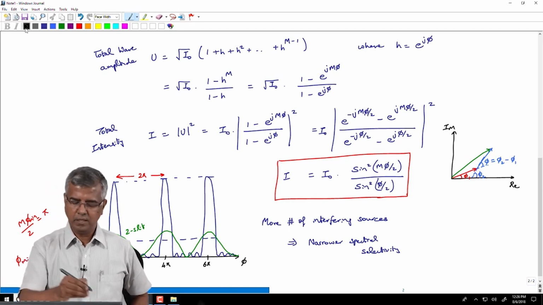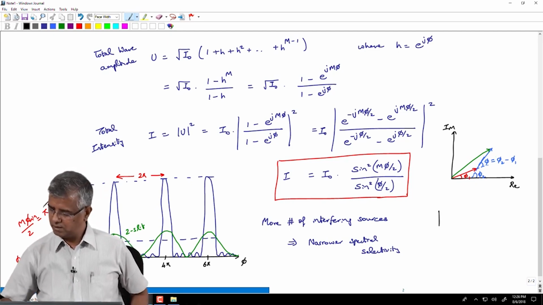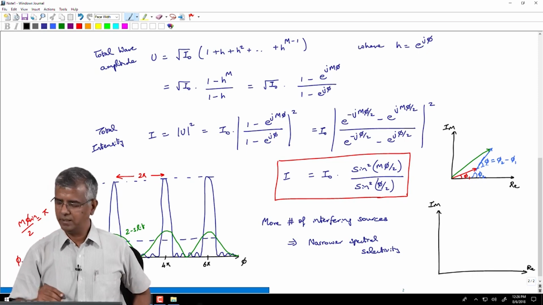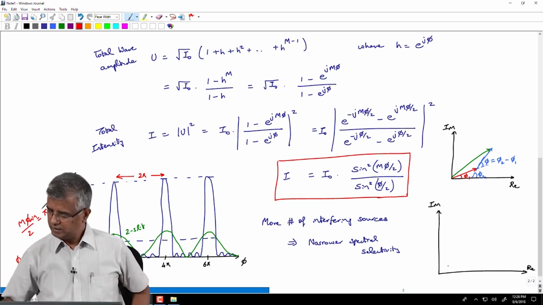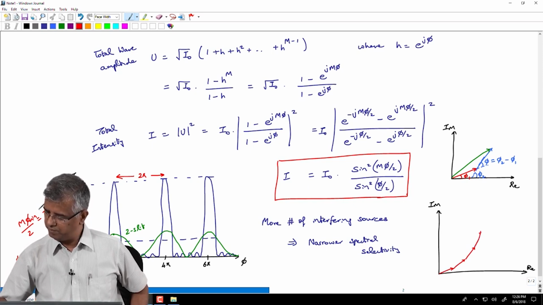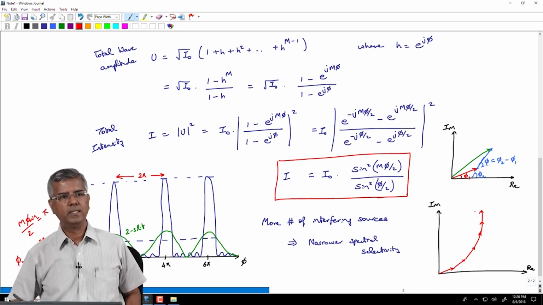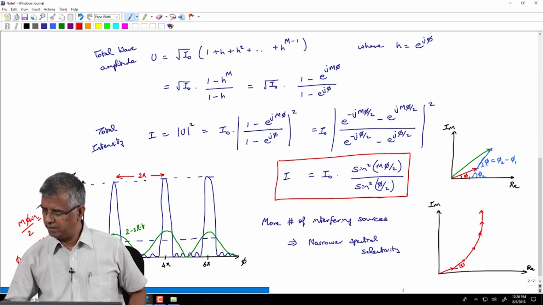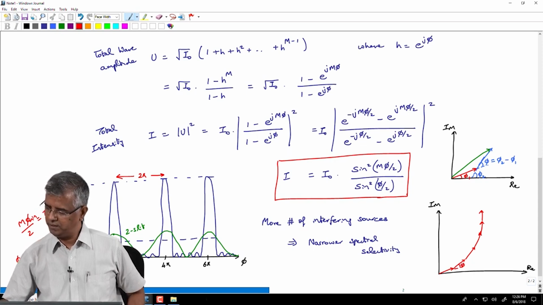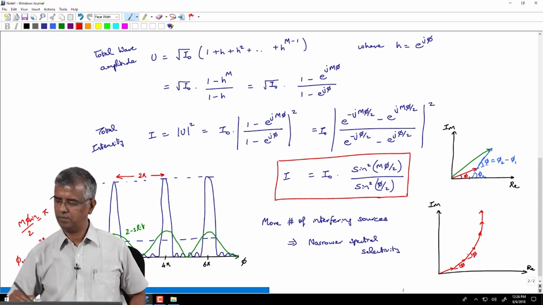And if we extend this to multiple sources that are interfering, each one of them is going to be slightly off from the previous one. Each one of them is going to have an angle phi with respect to the previous one, right?